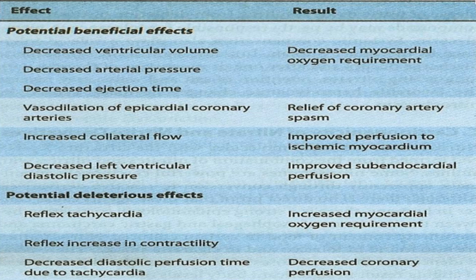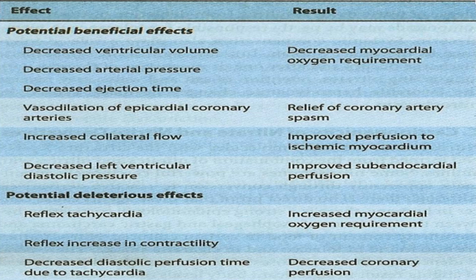Now, by increasing the vasodilation and the collateral flow, what are we doing? We are improving perfusion to the ischemic myocardium, we are relieving the coronary artery spasm, and we are improving the subendocardial perfusion.